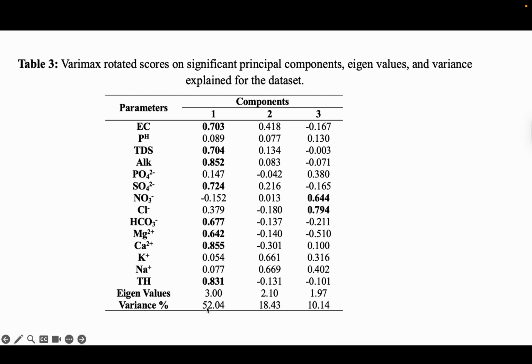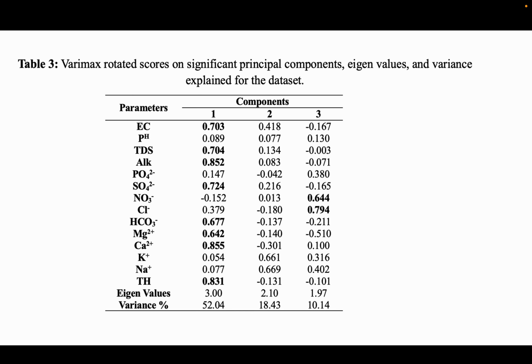Variance percentage is: component 1 described 52.04, component 2 this much, component 3 10.14. So here I have taken out the components having eigenvalue greater than 1. You can see that component 1 has 3, 2 and 1. It means a higher eigenvalue means greater variance described.